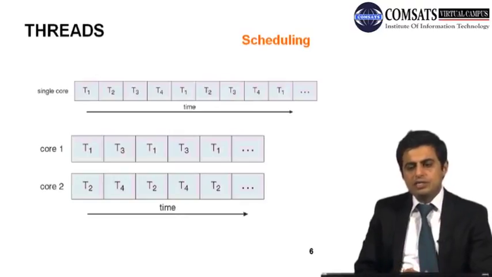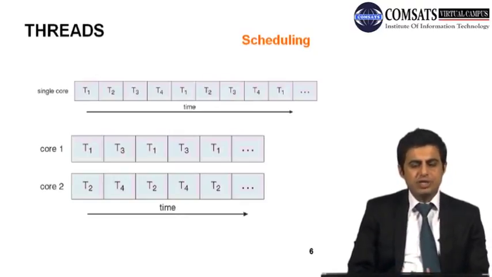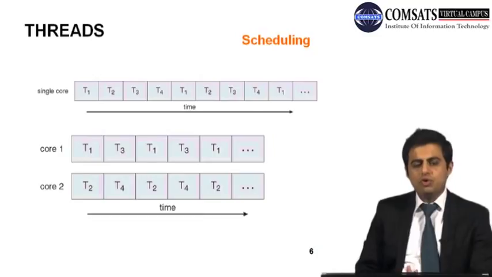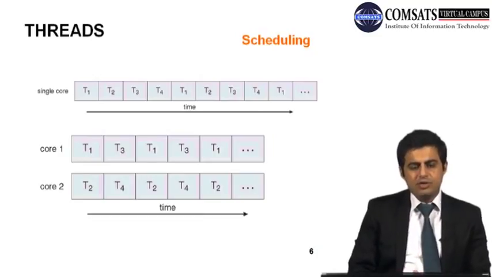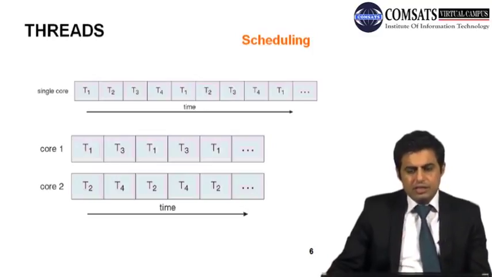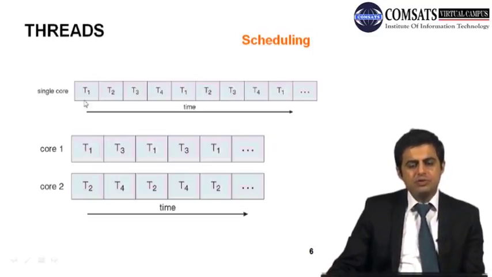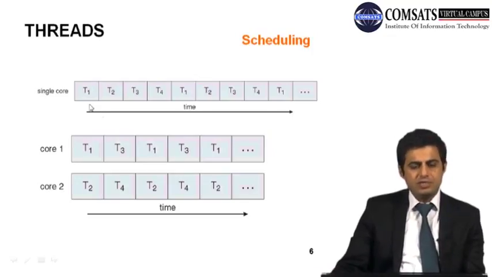Okay, if we look at the time distribution and how the CPU gives time to all these threads, then you can notice, if you have got a single core system, then you distribute CPU time in 4 slots, because the CPU executes every instruction in 4 stages. You must have read this in operating systems.